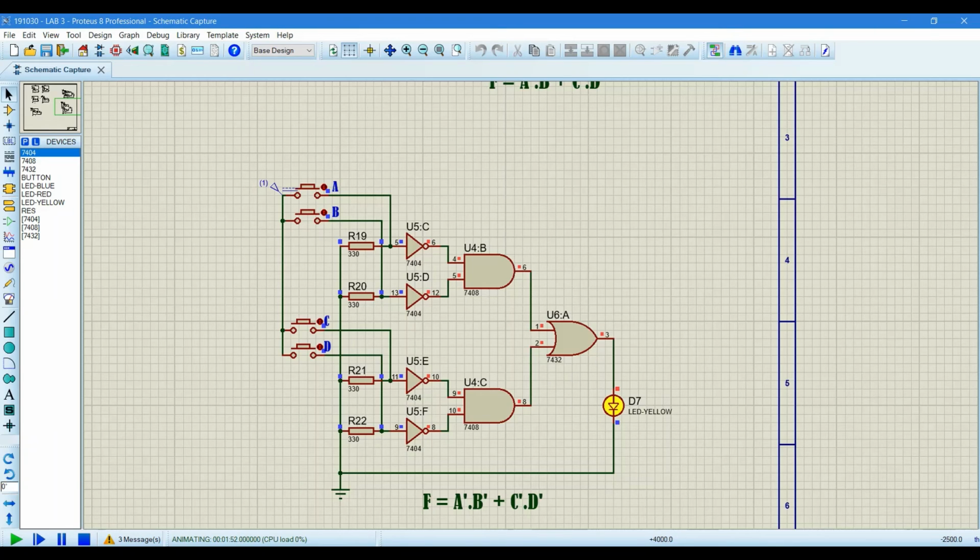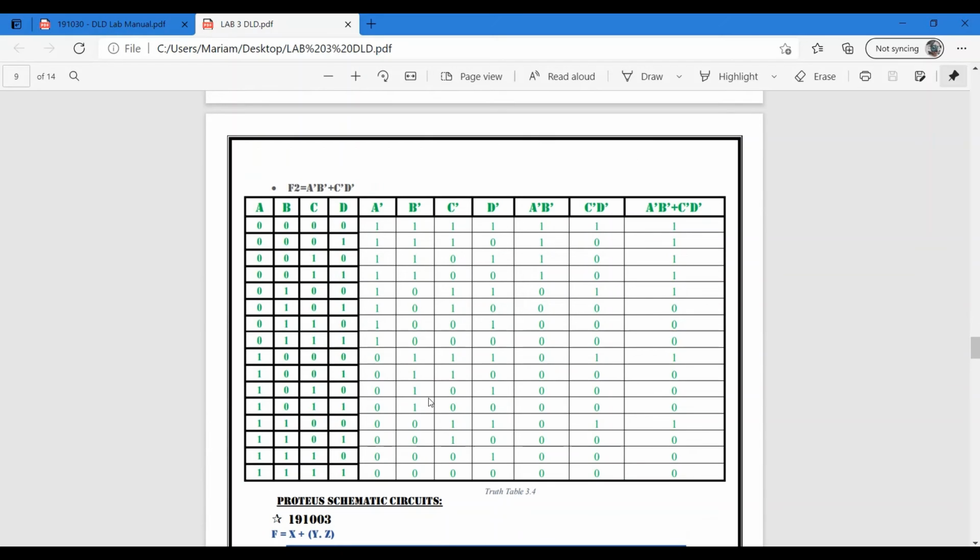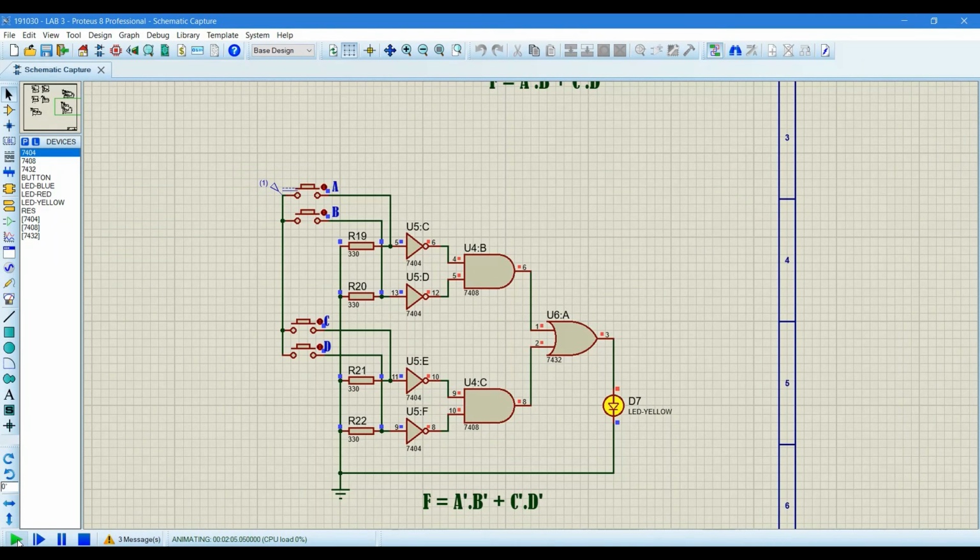Let's get into the truth table. For the input 1 0 0 0, the LED must be on. So let's check it. 1 0 0 0, LED is on.